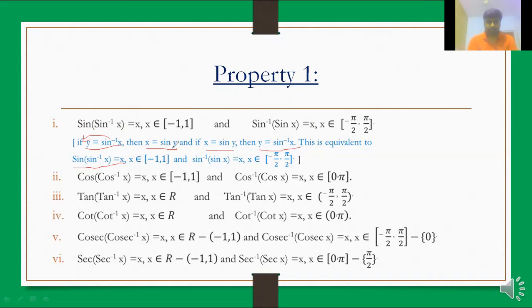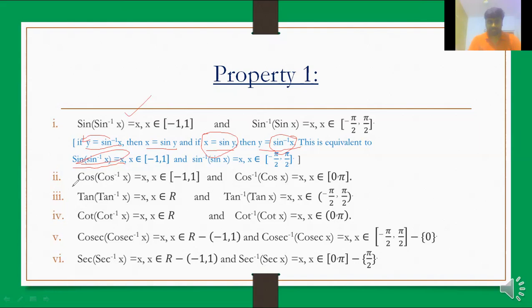Because here, sine of sine inverse x, what is sine inverse x here? It is y, so sine y equals x. Correct or not? Like that we can prove these. Proofs are not much important for these, but the properties are very important. These are basic properties.